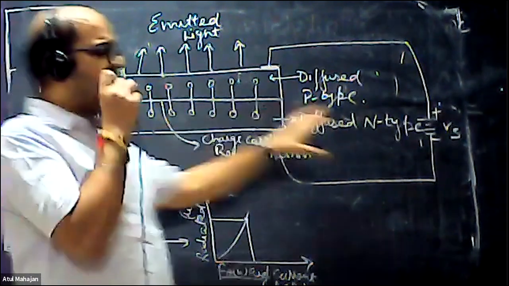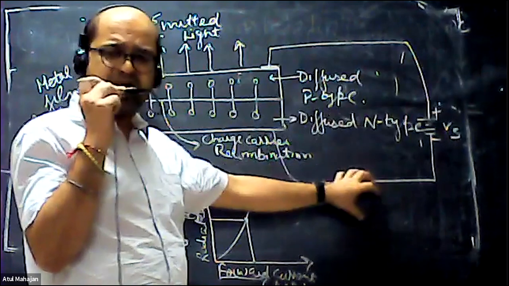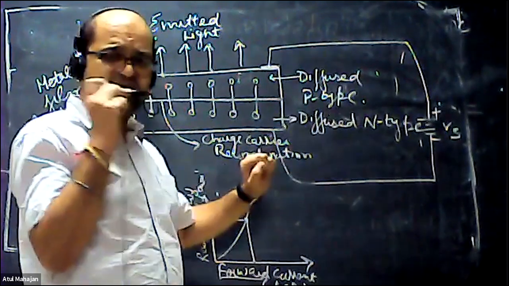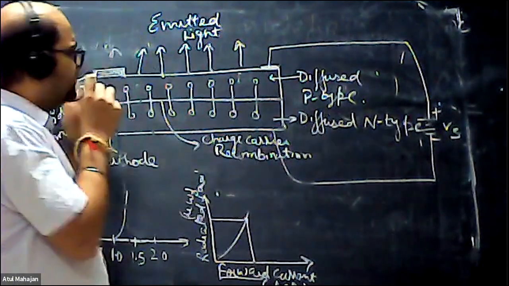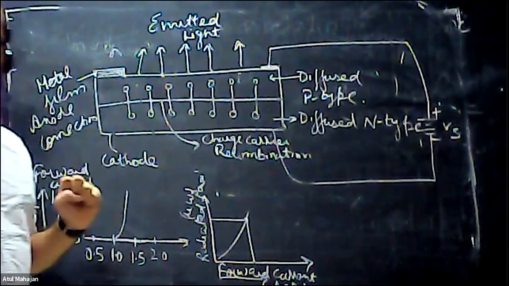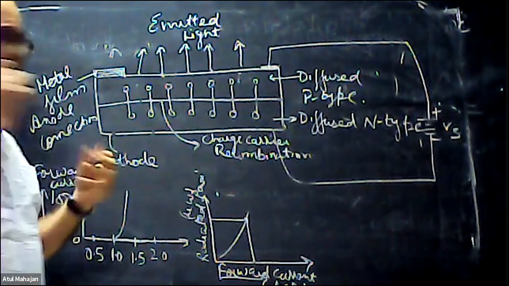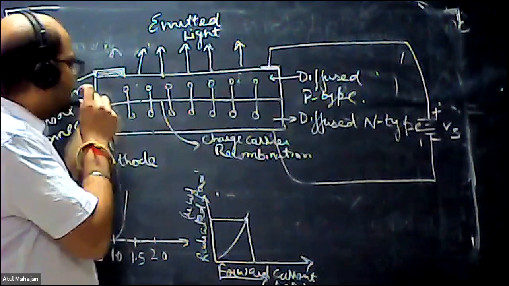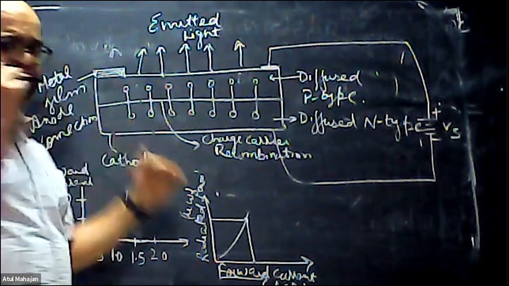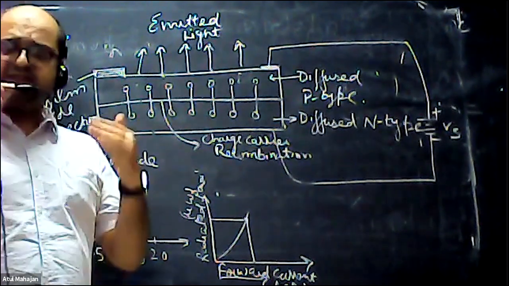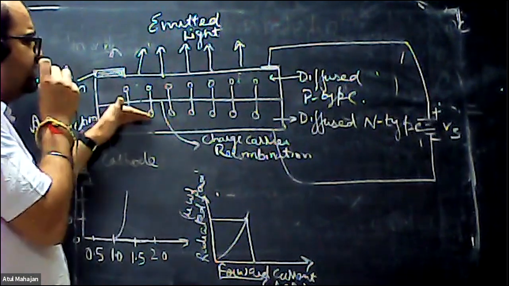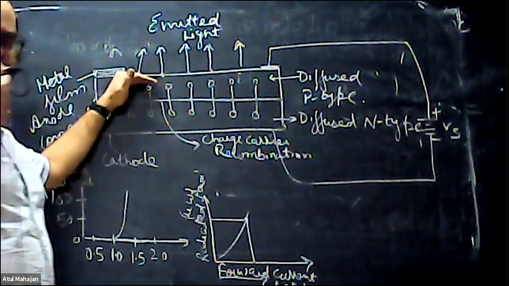Now, when we apply a sufficient amount of forward bias voltage, a recombination process starts. What do we mean by the recombination process? Electrons, because they have high mobility, start moving from the N-type region towards the P-type region.